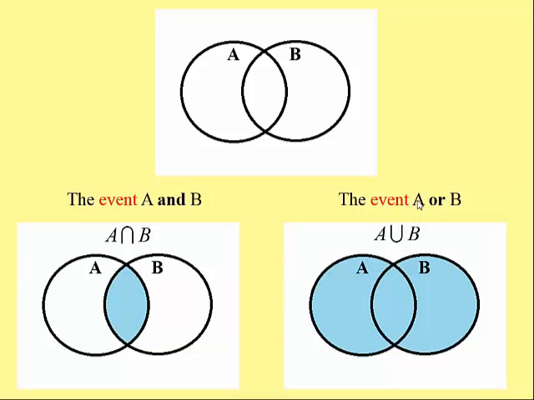However, these are described as A or B. What you see colored here represents things that are in set A or in set B. Things in this region are in set A or set B. They're in set A. Things in the football-shaped region in the middle are actually in both A and B, which is what we saw in the first one, but still they fit the description A or B. And so this is A or B. A union B means put everything together.